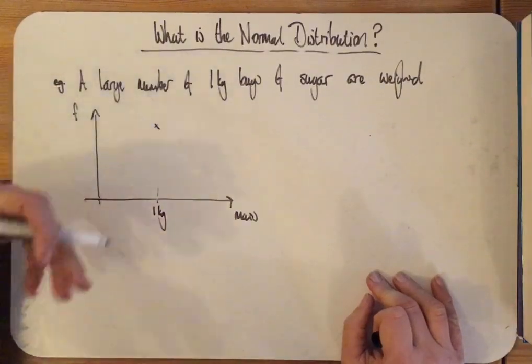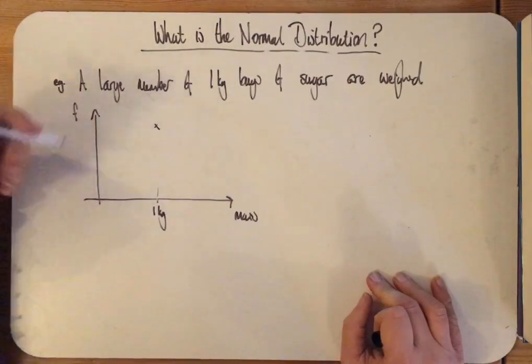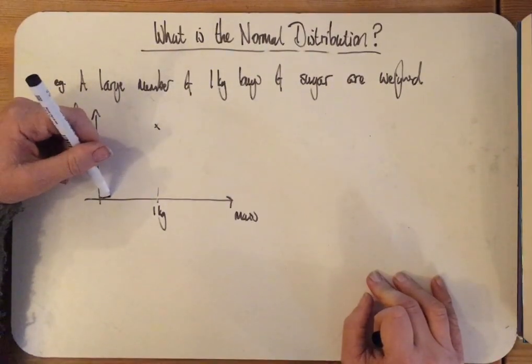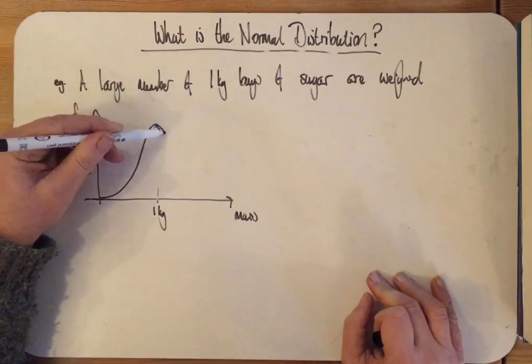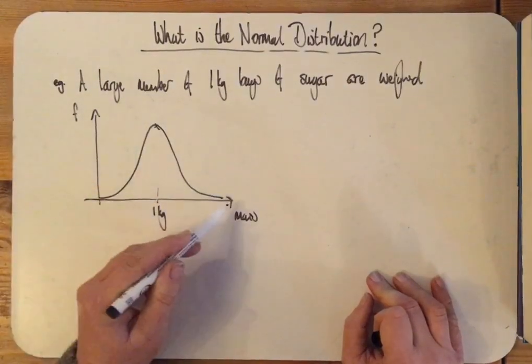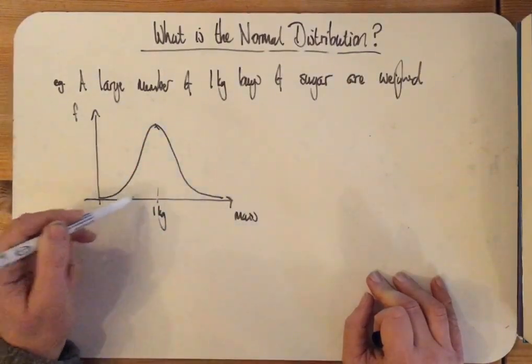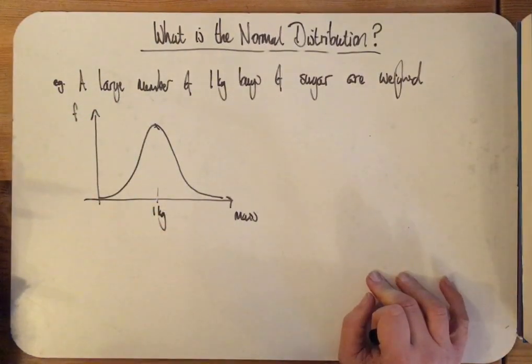But it may be that some of them you put a little bit too much sugar in, some of them not quite enough, and so you'll end up with this shape which is centered on the mean, and you get this bell-shaped curve, and that is the shape of a normal distribution.